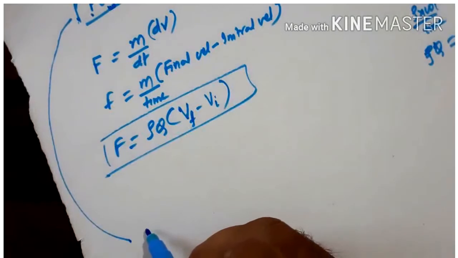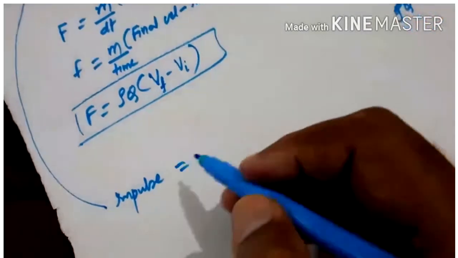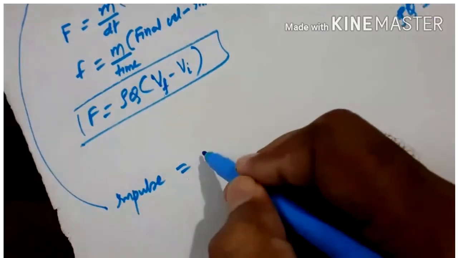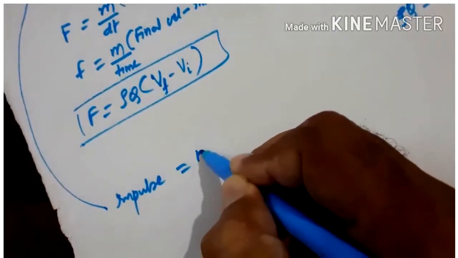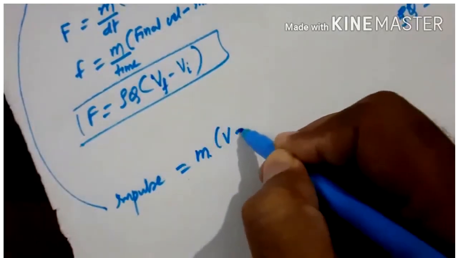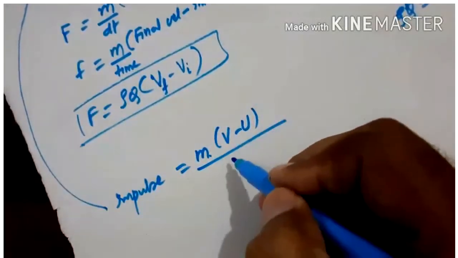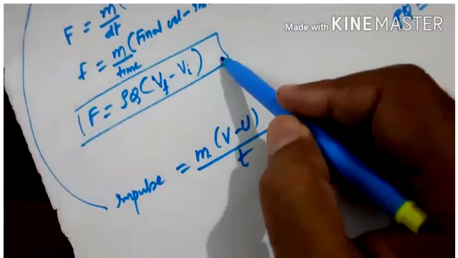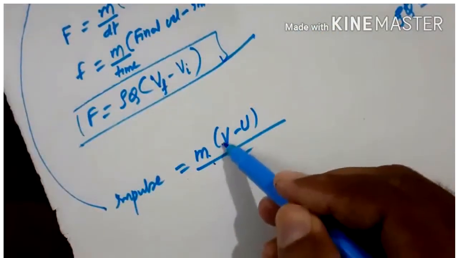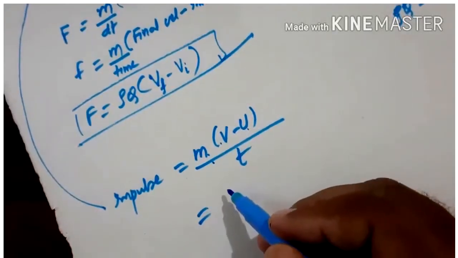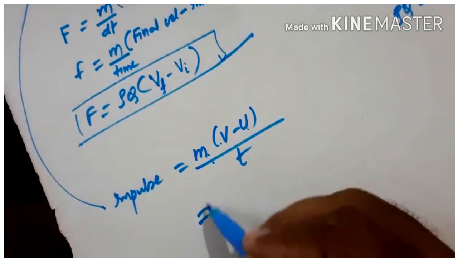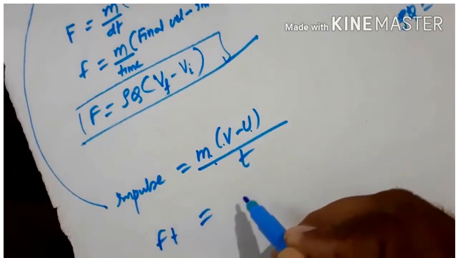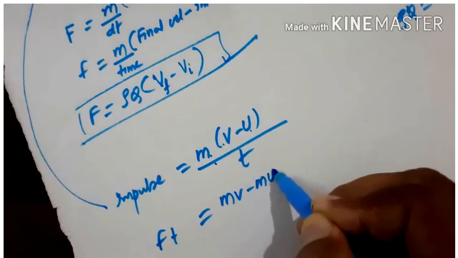So impulse, you can write from that one, m into v minus u divided by time. From this also it is the same. So m into v minus u, then I can write F into t equals mv minus mu.